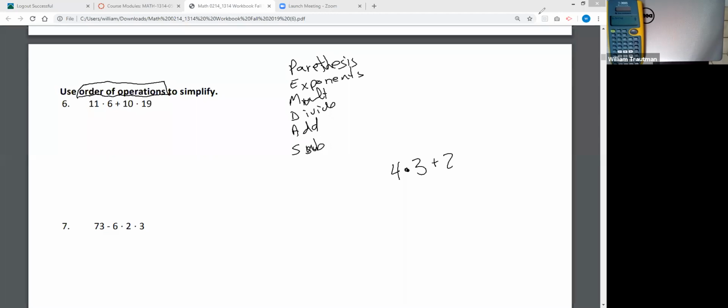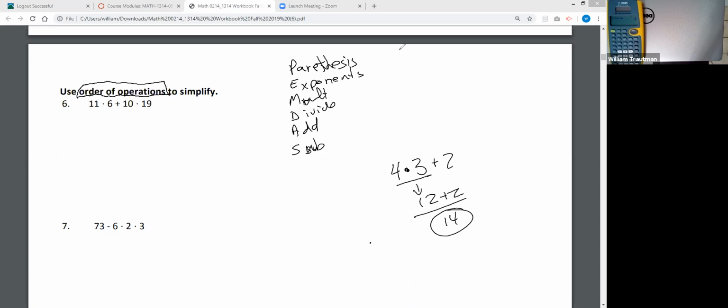If you get everything right, you're never going to learn. Everybody got 14. No, that's pretty simple, right? 4 times 3 is 12. 12 plus 2 is 14. That's the answer we got.